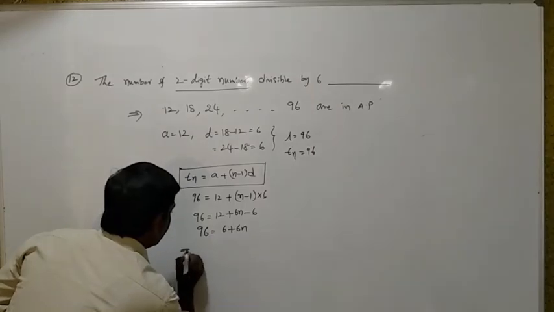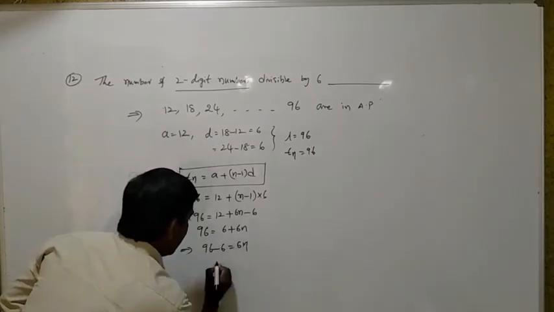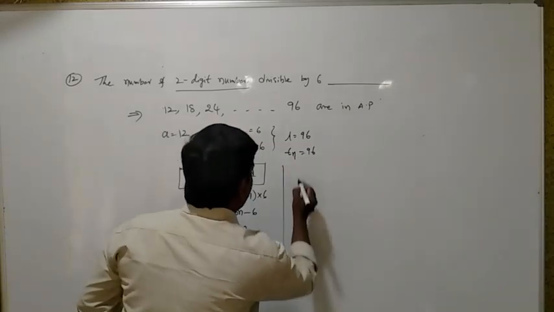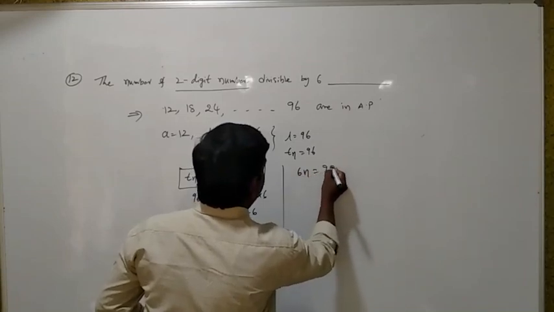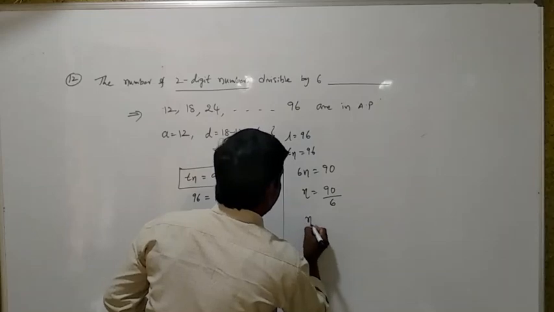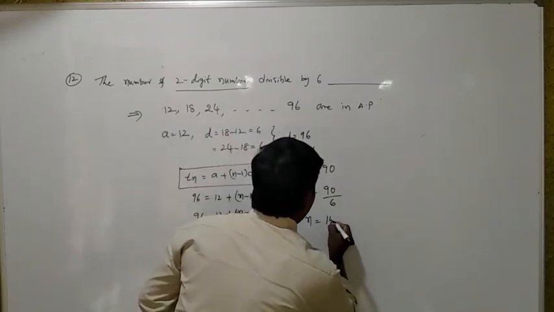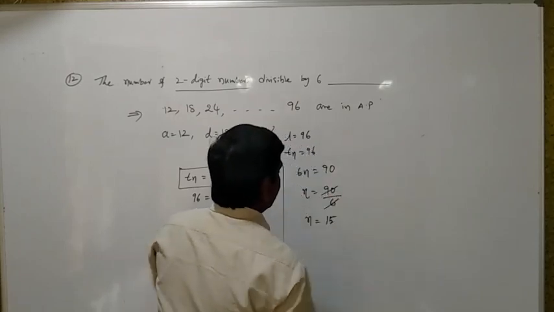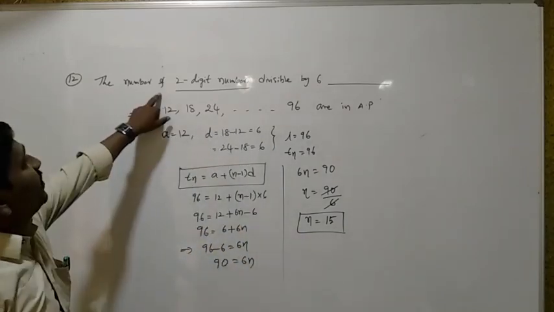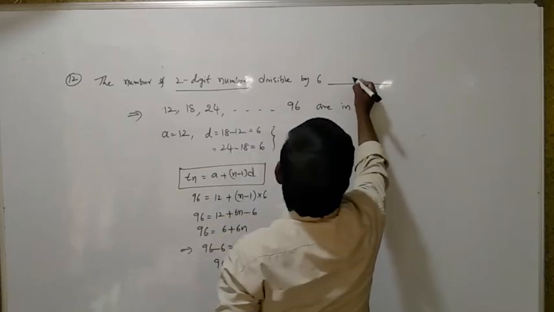You can also do it like this: 96 minus 6 equal to 6n, and 90 equal to 6n, so n equal to 90 by 6, which is 15. Cancelling the 6 table, 90 by 6 is 15. So here n equal to 15. So the number of two-digit numbers divisible by 6 is 15.